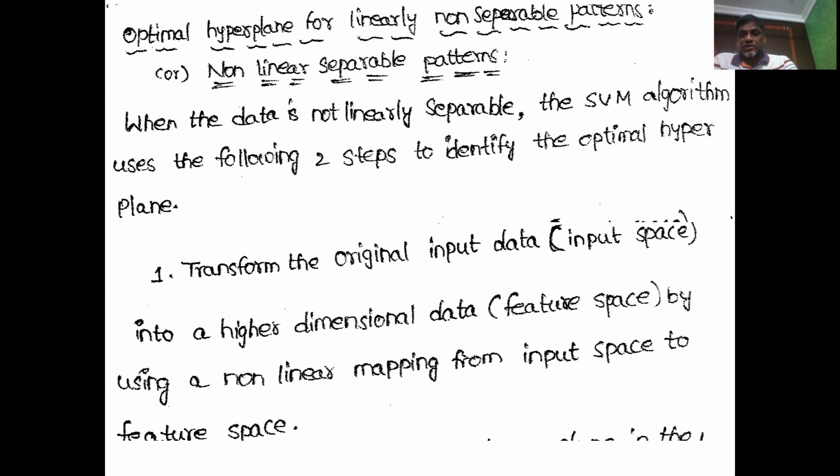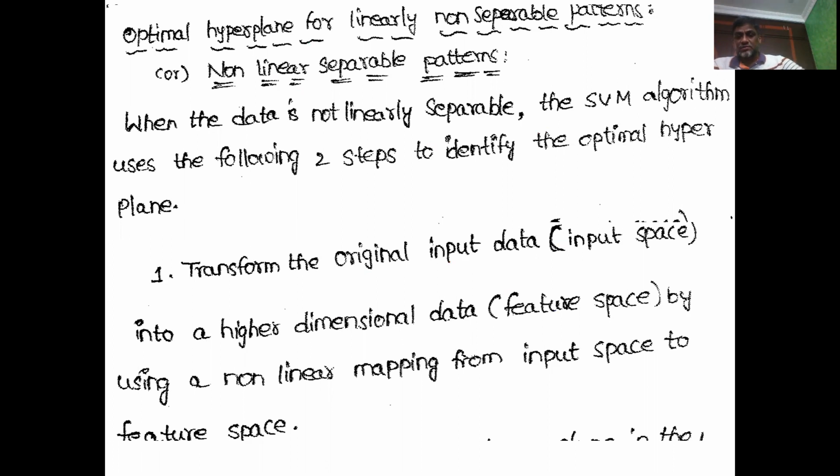We know that SVMs are classified into two categories, linear SVM and nonlinear SVM, where linear SVM is used for linearly separable input patterns, and nonlinear SVM is used for linearly not separable input patterns.